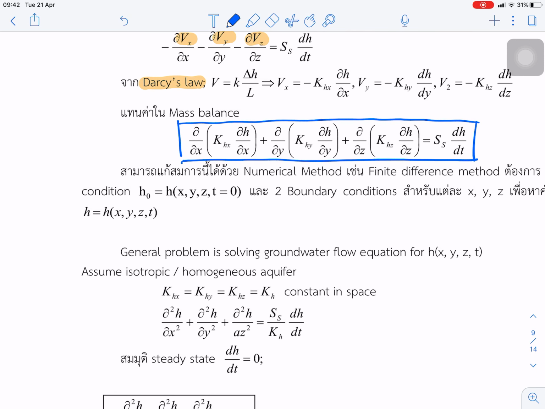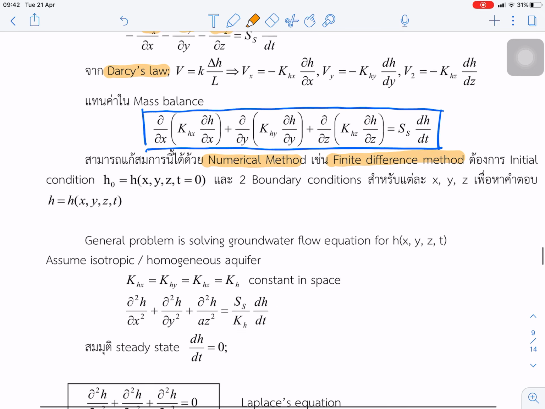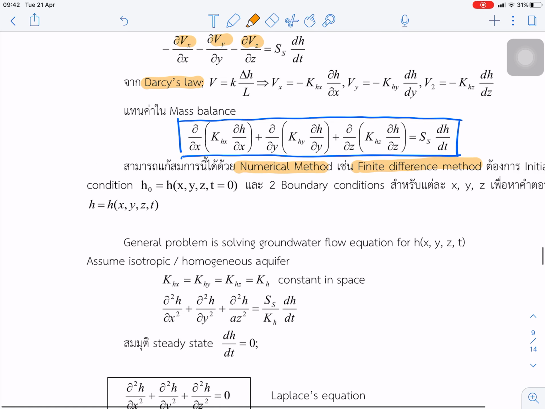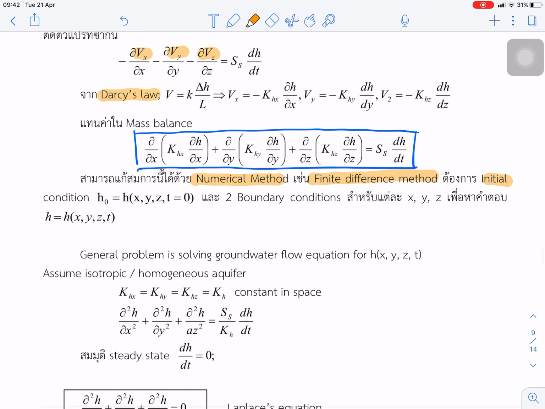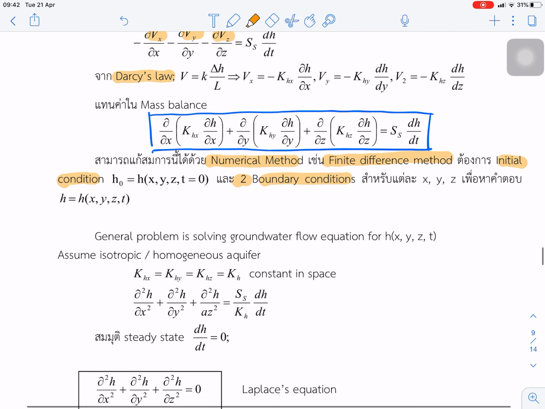We can solve this equation using a numerical method, for example the finite difference method, given the initial condition and two boundary conditions. Hydraulic head is a function of x, y, z, and t.